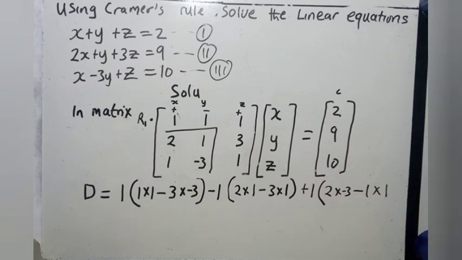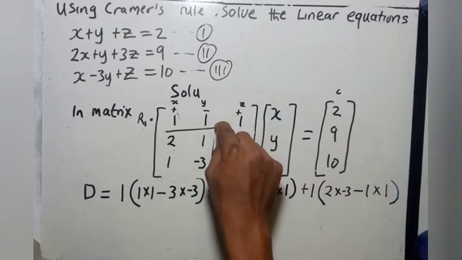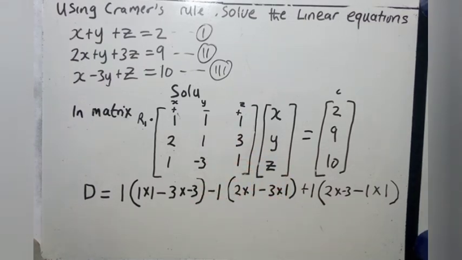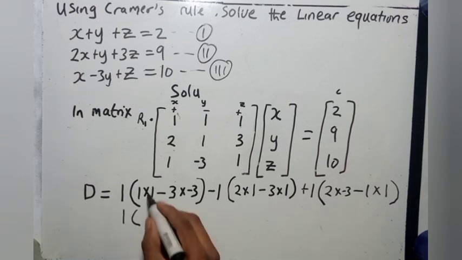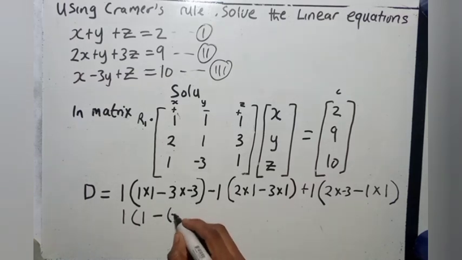And this is what we will have as our determinant. We have gotten the thing. That's for us to now simplify it and get our final answer. Now when we do that, this is 1. 1 times 1 is 1, minus 3 times minus 3 is what?